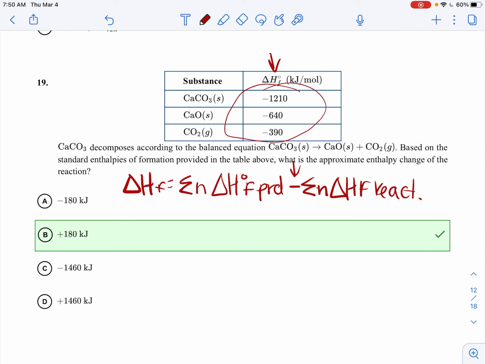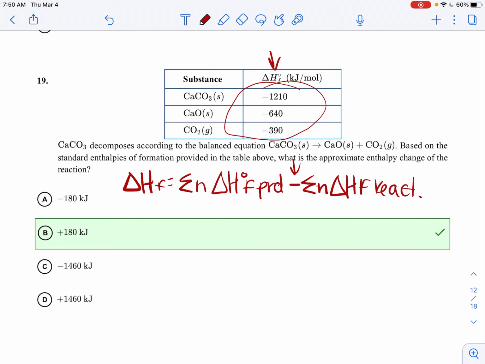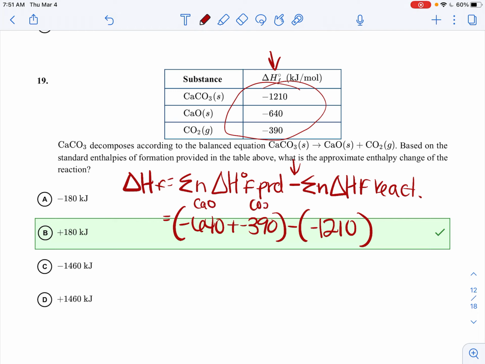So you want to put the heats of formation as is. And so what we're going to do is put negative 640 plus negative 390 minus negative 1210. Okay, so this is the heats of formation of CaO and of CO2, and this is the heat of formation of CaCO3, okay? Now, notice I still kept it negative because it is minus.